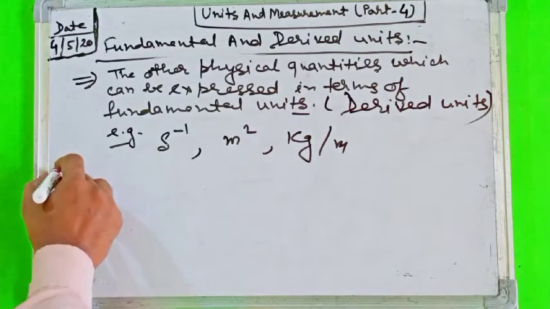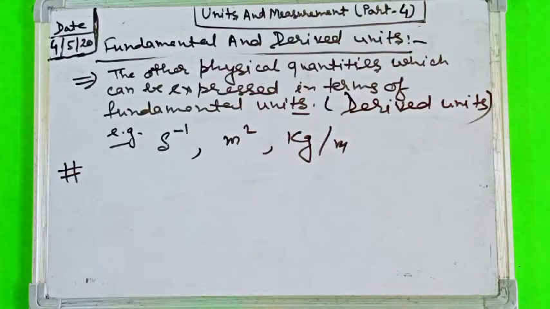Now, apart from the fundamental quantities we had discussed in case of mechanics, in other areas also there are various fundamental quantities which can be used, like in thermodynamics for temperature, in current electricity for current, for luminous intensity, amount of substance.